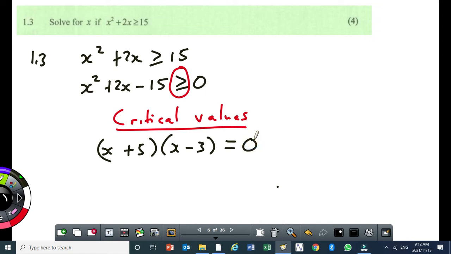But be aware that you are not solving a quadratic equation, you are solving a quadratic inequality. You can also use the quadratic formula to find the critical values. You understand that? So from here now, you equate each binomial to 0. So you get x equal to minus 5 or x equal to 3.